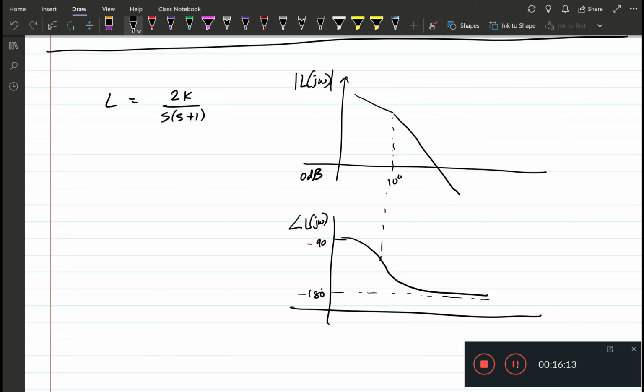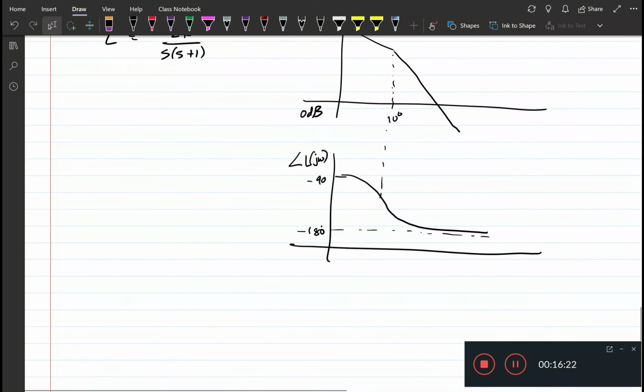So that's a sketch of what we would see with the L Bode plot.